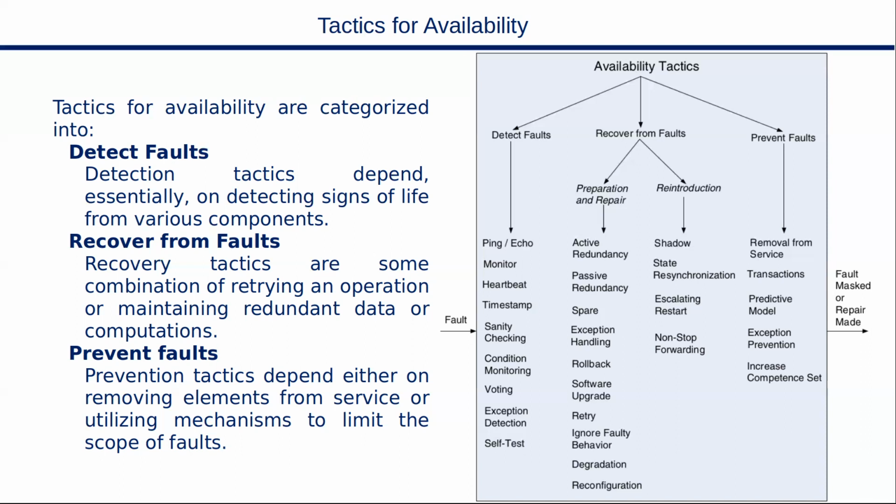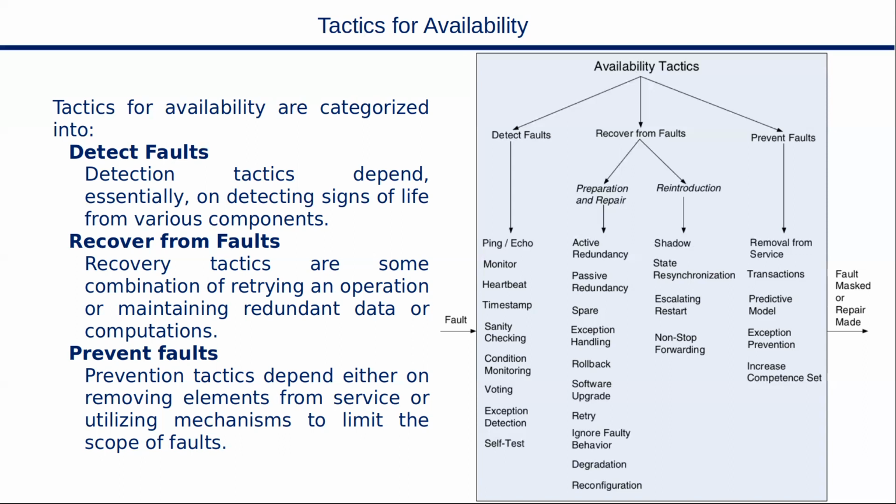From your side, you send the request ping and expect the response echo. In heartbeat, in reverse order, the successful response will be generated from the other side. So the big difference between heartbeat and ping echo is who holds the responsibility for initiating the health check, the monitor or the component itself.